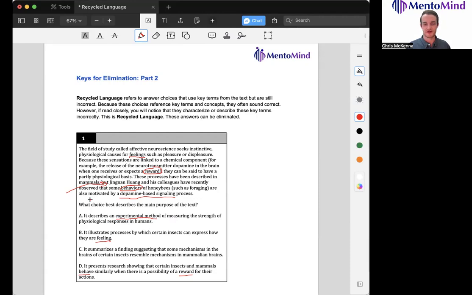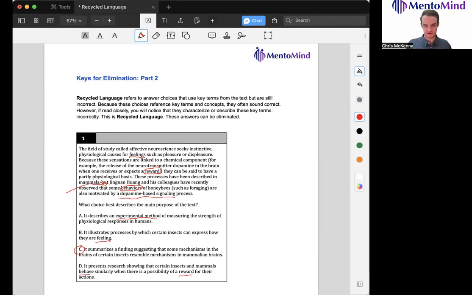So A and B are arguably more flawed than D. We'll notice that C is the correct answer choice. This passage summarizes a finding suggesting that some mechanisms in the brains of certain insects resemble mechanisms in mammalian brains. And that's pointing to that idea that this dopamine pathway operates in both mammals and insects.